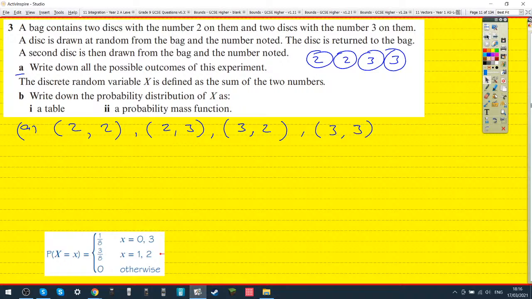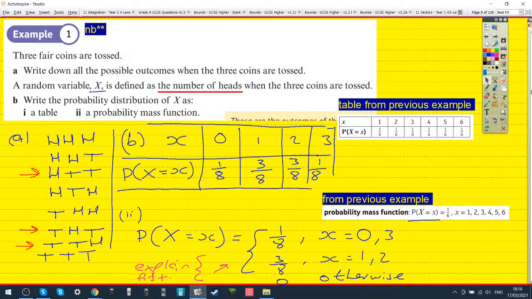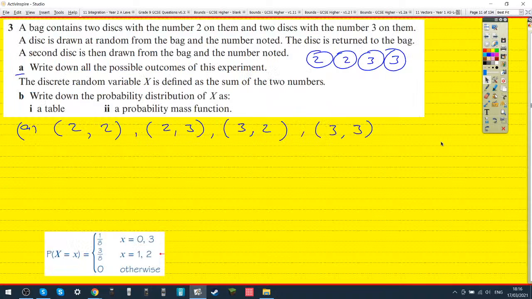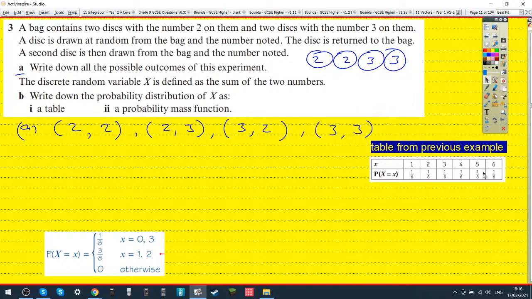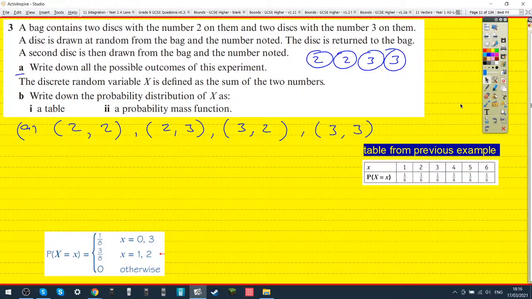So the number of 2s, is that x? X is the sum of the two numbers. So what values can x take? 4, 5, 5, and 6.